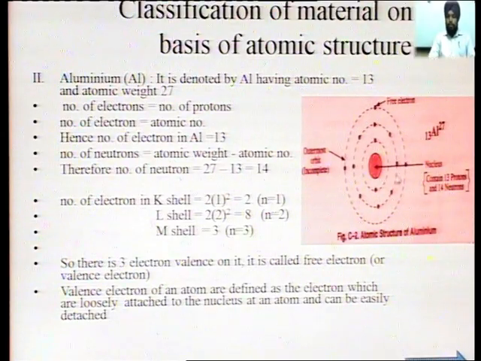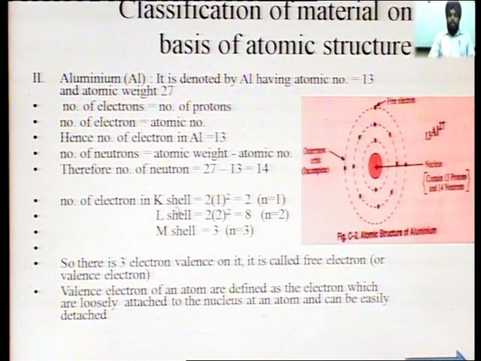So the number of neutrons in this aluminum atom is 14. Number of protons is 13, number of neutrons is 14, and number of electrons is 13.